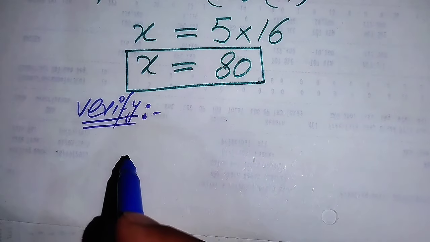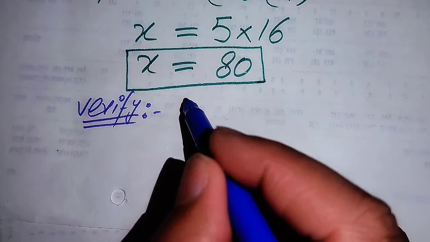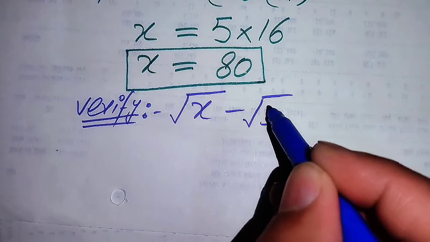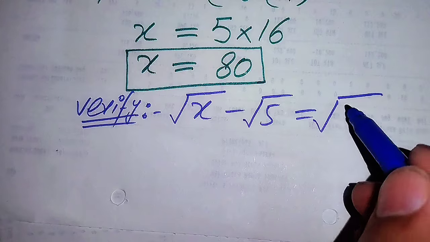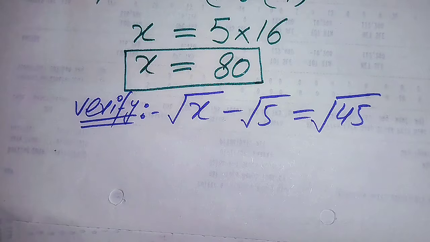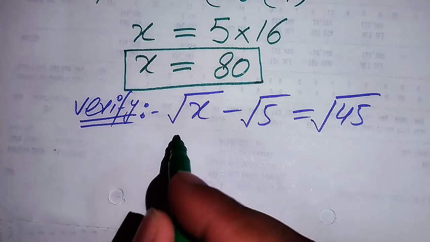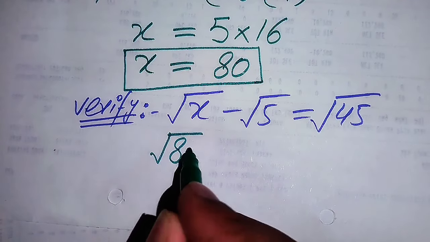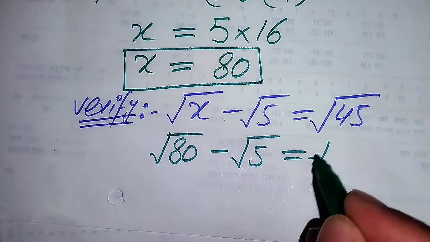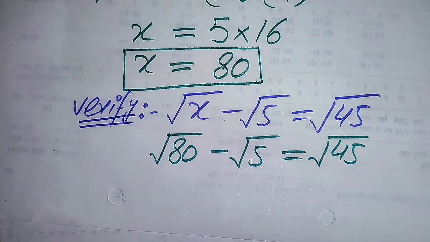So for verification we need to copy down the given question statement. Here it is square root of x minus square root of 5 is equal to square root of 45. And on the left hand side we substitute the value of x. It is 80, and this will be written as square root of 80 minus square root of 5 is equal to square root of 45.